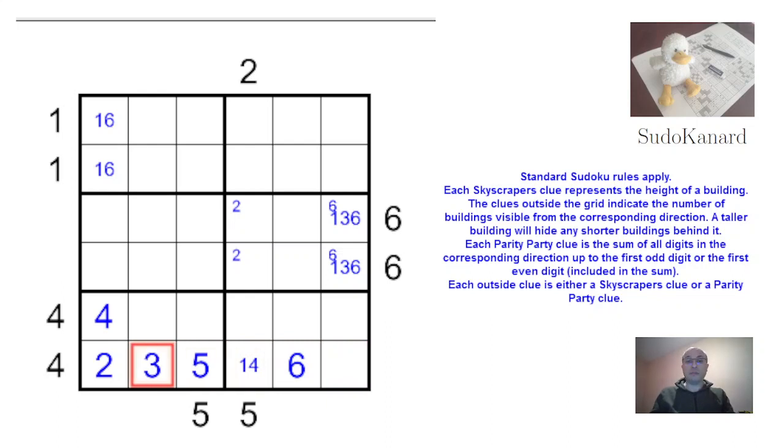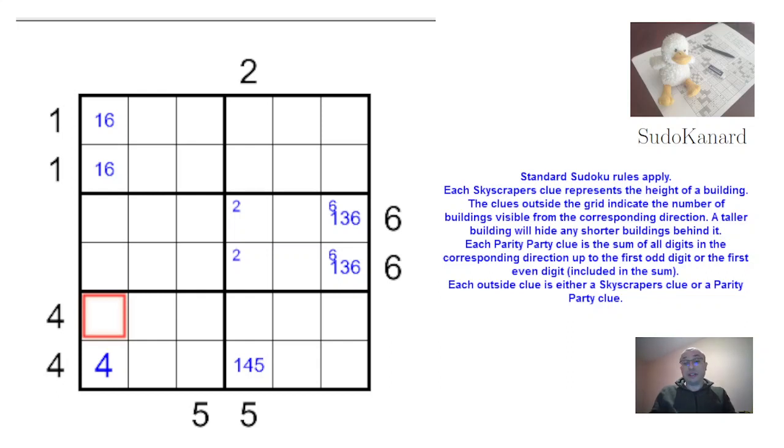So it can only be a 3, in which case this is 1 or 4. And this breaks because now this 5 can't be satisfied. It would have to be 1, 4, and it would break. So that's quite a look ahead. But it works. So this one is a 4, and this one is a skyscraper clue.